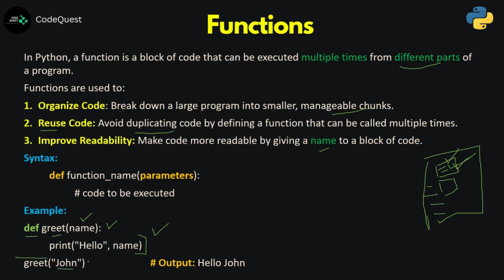When you call this greet function with a parameter, the control will go to the function definition, and this John is copied into the variable name, and then this block of statements will execute where we print hello followed by the name, which is John here. As a result, we are going to get an output like hello John.